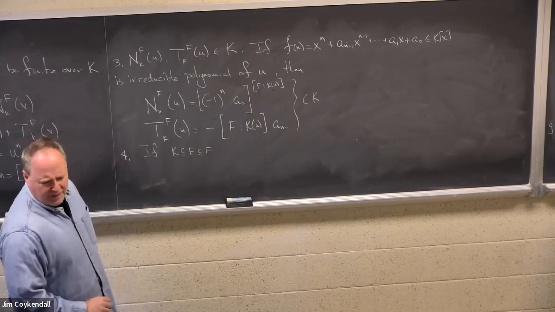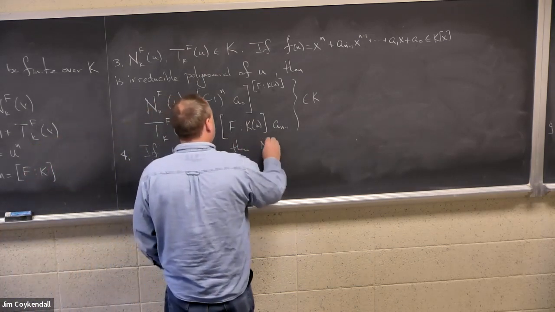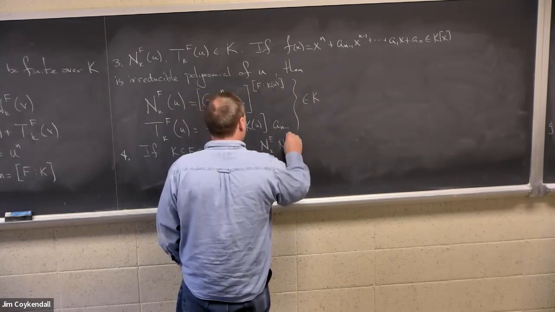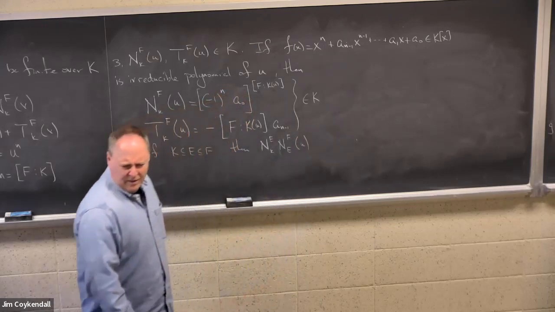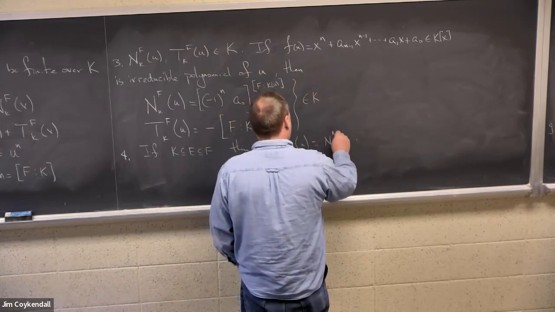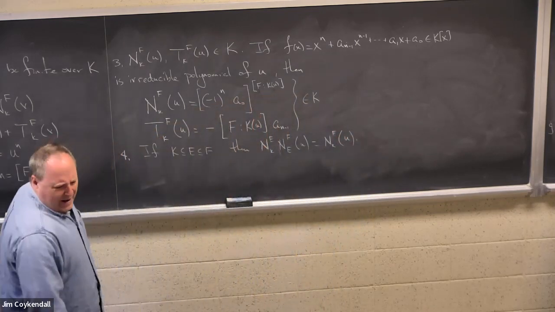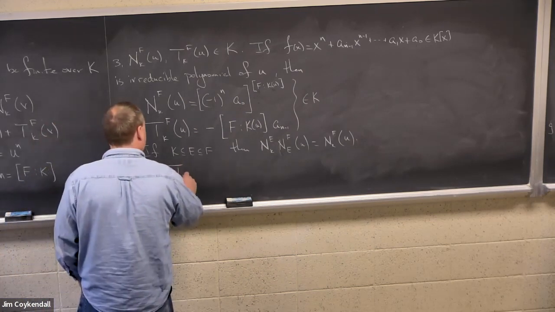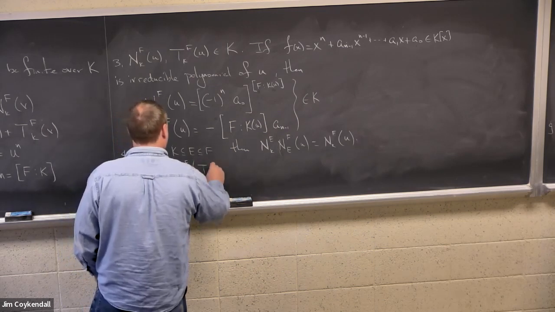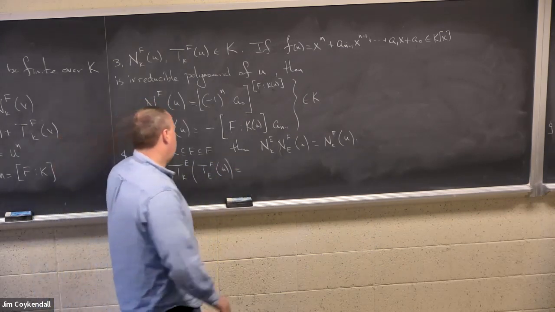If K and F are fields, then the norm is multiplicative, and the trace is additive in towers: the norm is the norm of the norm, and the trace is the trace of the trace.